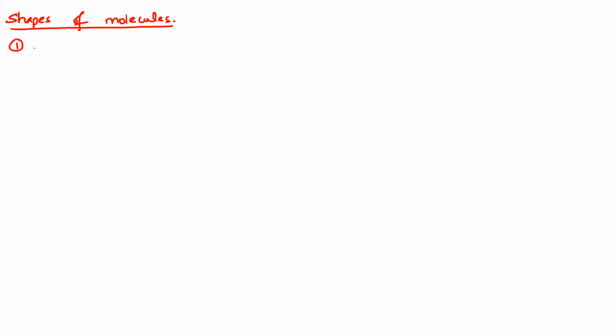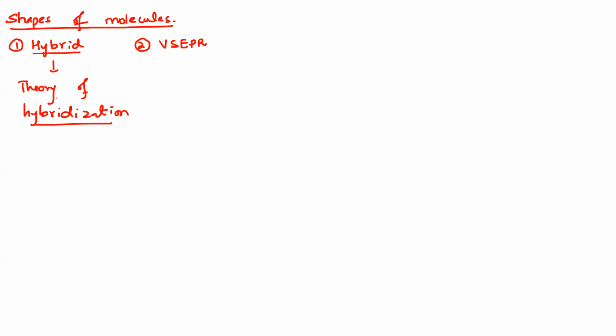One is relevant to the hybrid atomic model, and the second is the relevant concept of VSEPR. So when we talk about the hybrid atomic model, we deal with the theory of hybridization. What this theory gives us is that whenever atoms tend to form a bond, they have different orbitals.